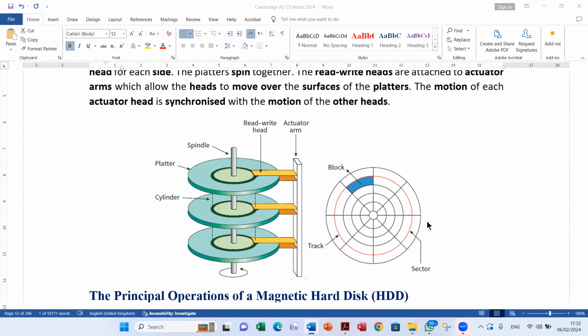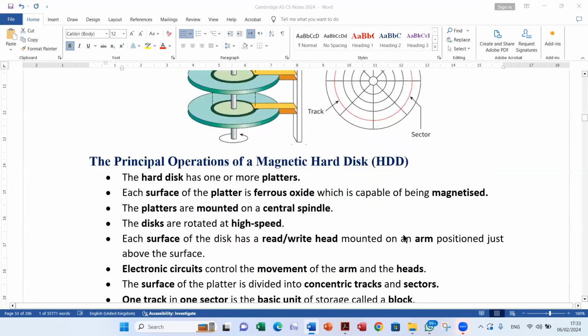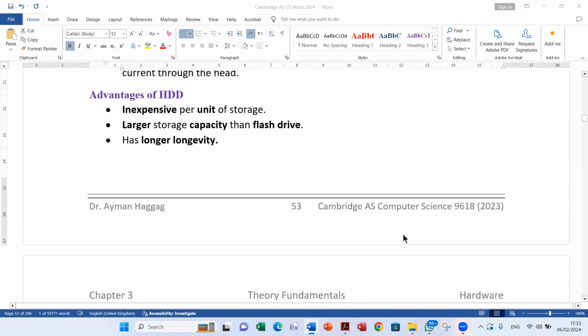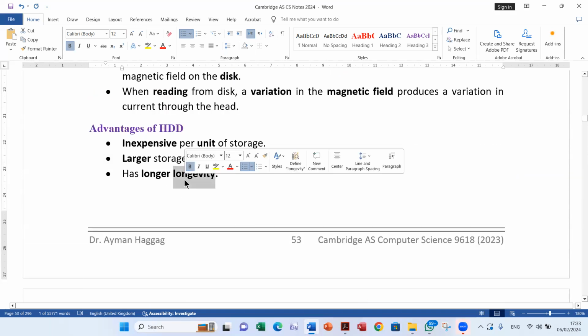So if you have, for example, a file server, you put a hard disk HDD. You don't put an SSD. The SSD is faster, but it will not hold that vast amount of reading and writing. It will break soon because it doesn't have enough longevity.